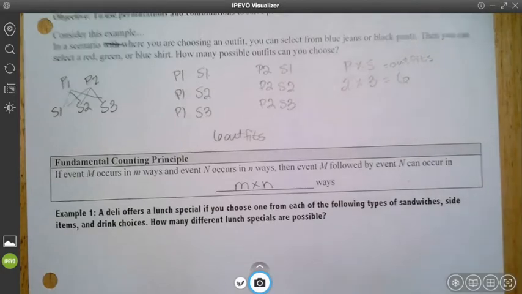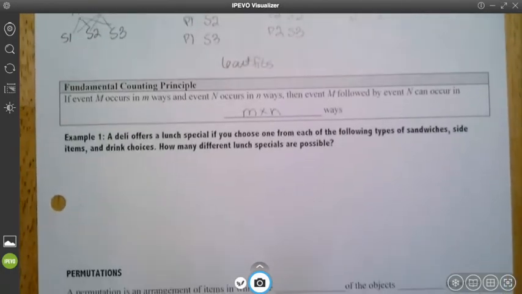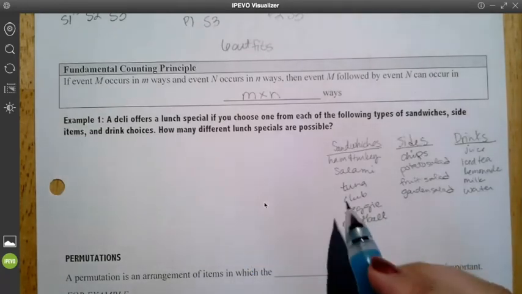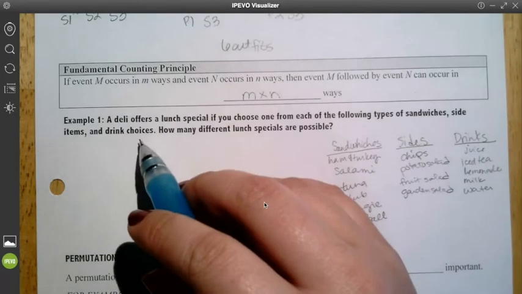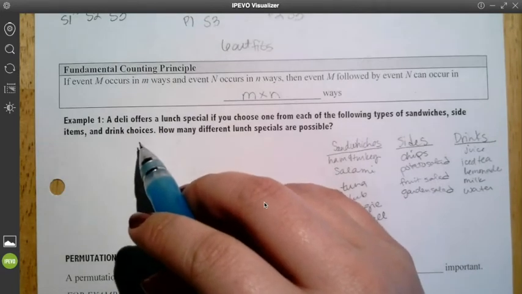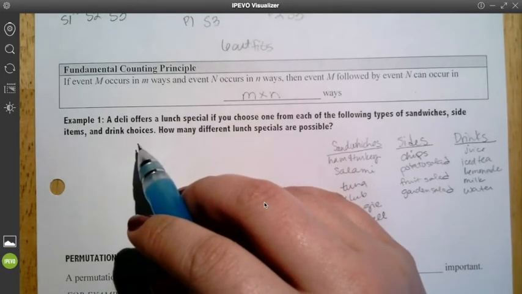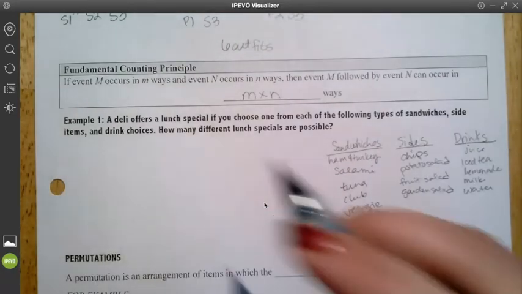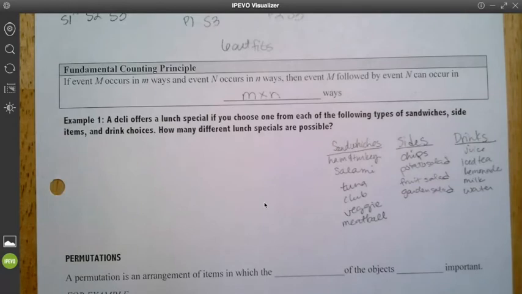So what does that mean? And again, my diagrams didn't print, so let me pause the video real quick and draw this diagram off camera. So we want to make a lunch, and we have options. We can choose a sandwich, a side, and a drink. And we want to know how many different options do we have? How many different lunch specials are possible?